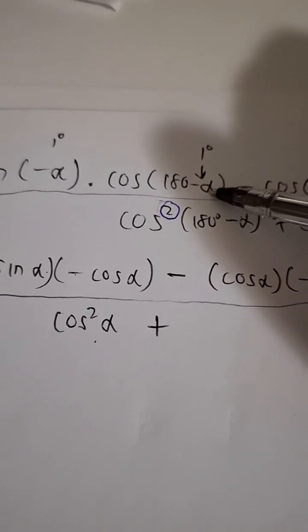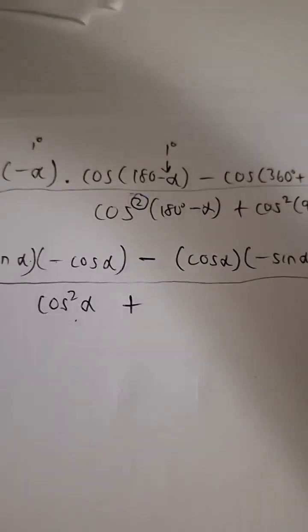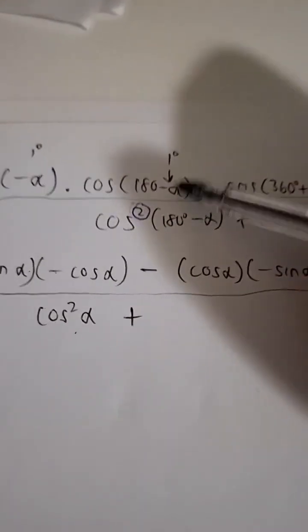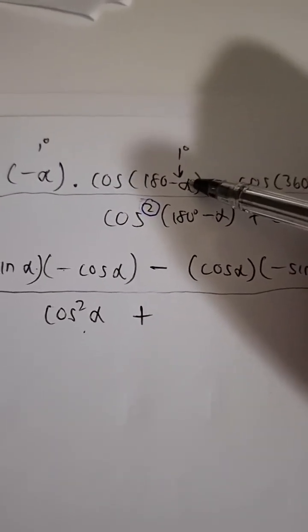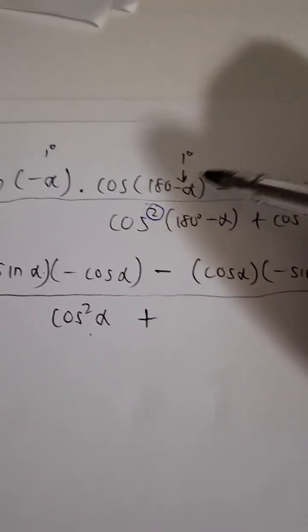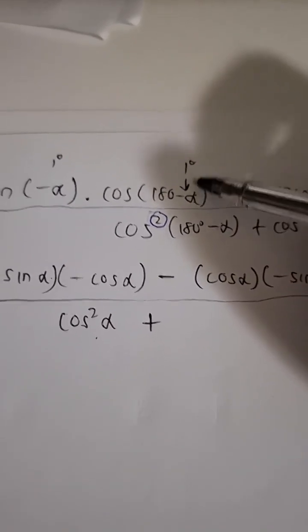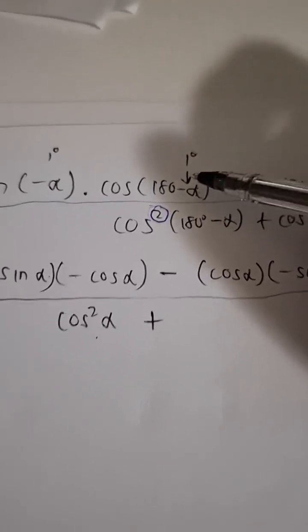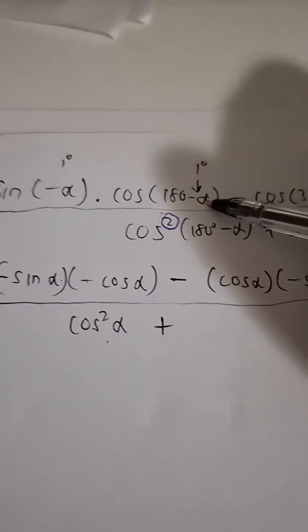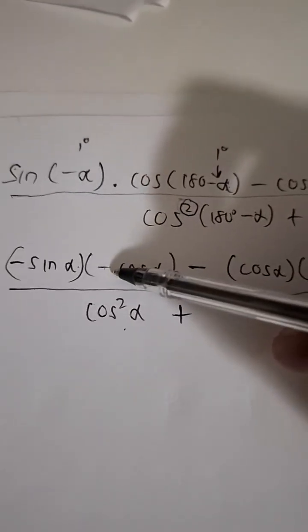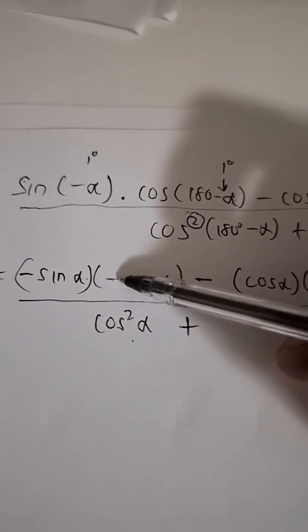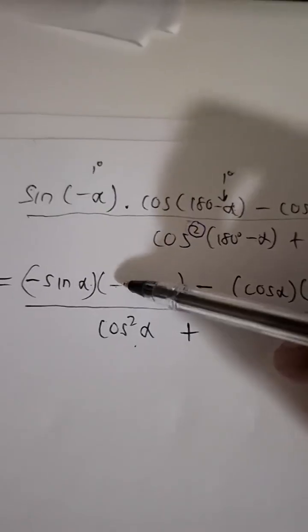That helps you to write the sign for your trig ratio. Same thing with cos of 180 minus alpha. If you don't want to use the whole thinking of the quadrants, where is cos positive and so forth, you can just substitute 1 degree in the place of alpha because it's acute. This is just a random value. You could substitute any other acute angle if you want. You punch it into your calculator, then the outcome you get is negative, which means cos is negative.